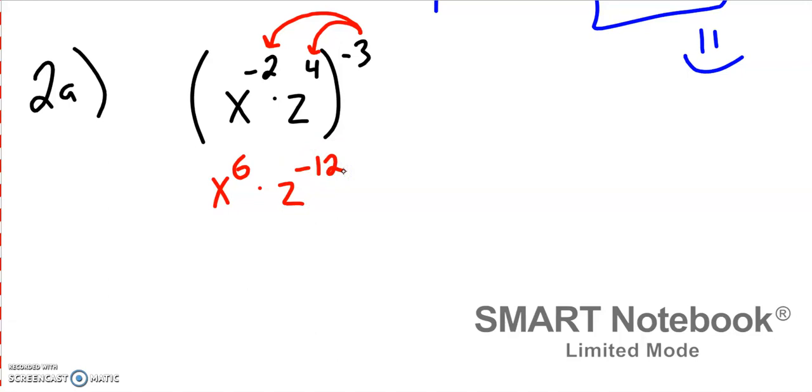Since we don't want negative exponents, we have to send z to the negative 12th into the denominator. Get x to the 6th over z to the 12th. So this negative exponent gets sent in to both of the exponents, and we multiply them together.